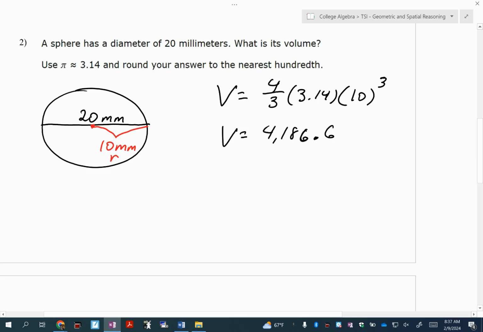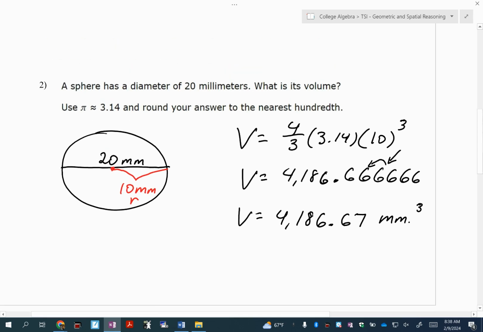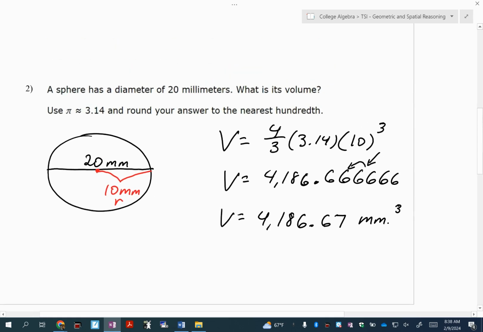But because we're rounding to the nearest hundredth, if I write 0.6, many sixes, I'm looking at the number after the hundredths place, which is that 6, which is going to take the number in the hundredths and round it, in this case, up to a 7. So 4,186.67 cubic millimeters. All right, so that is it for finding the surface area and the volume. Good luck.